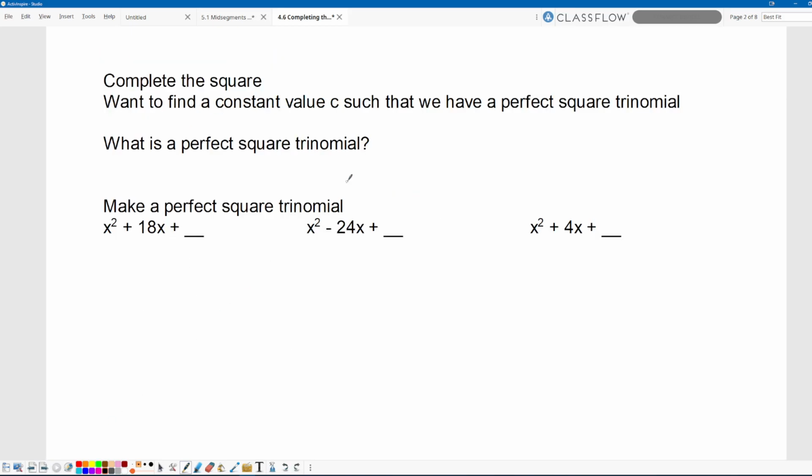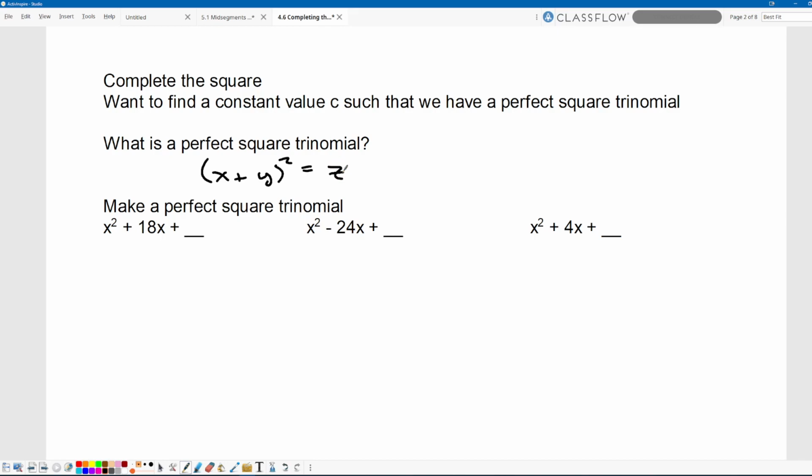So now we get to completing the square. We'll start with something very, very basic. What we're attempting to do with what is known as completing the square is make what is known as a perfect square trinomial. A perfect square trinomial is a trinomial, which means it has 3 terms, in which I can factor this as x plus or minus some number, squared, is equal to some other number.